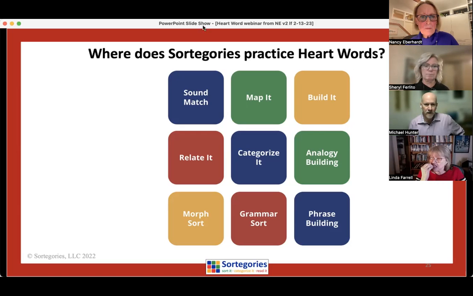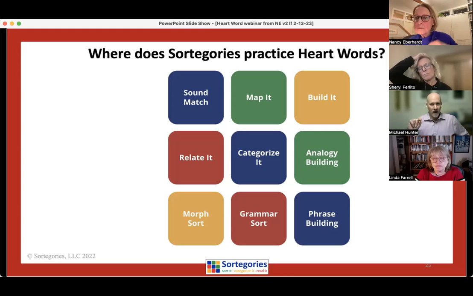Someone talked about having the students, when they are rehearsing the spelling of said, instead of saying the letter names, say the letter sounds. And we don't do that on purpose, because when we're thinking about the heart words, we are not thinking about the sounds other than to where they already know how to spell them.